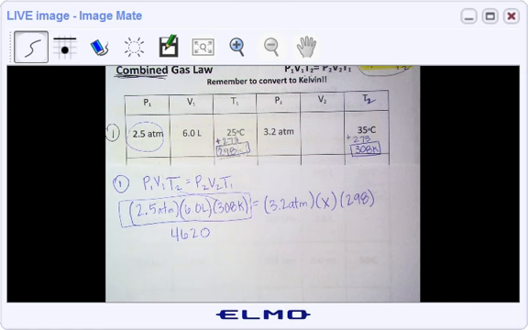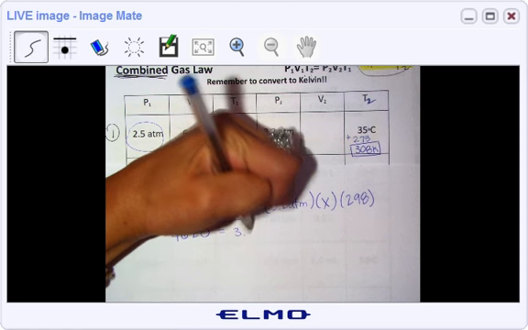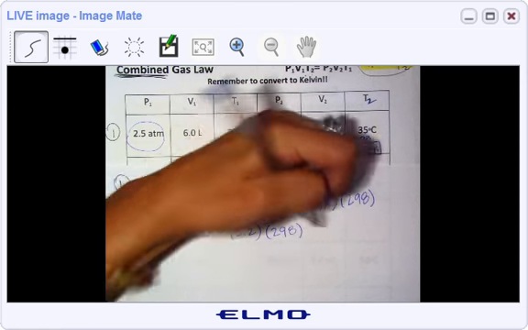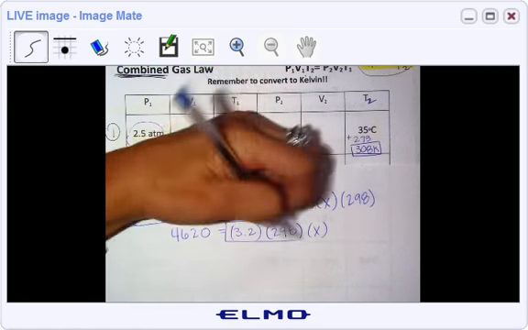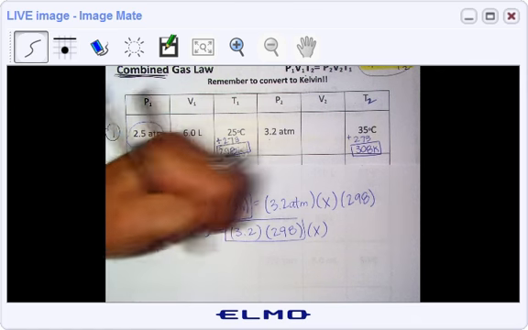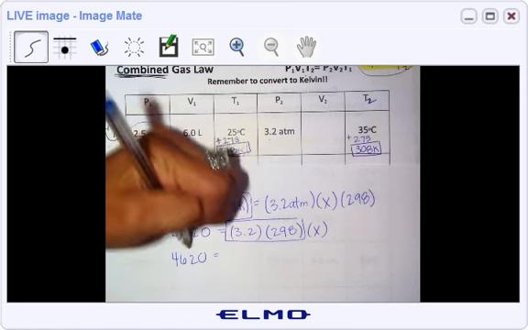Did anybody get anything different? Okay. These two right here you can combine. You just multiply them. I'm dropping this down.